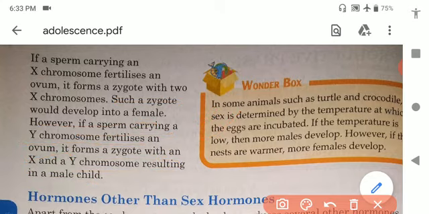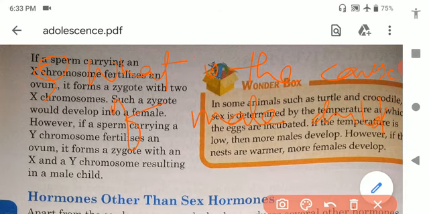So the next question, what is the cause of birth of a male child? Note down this question.